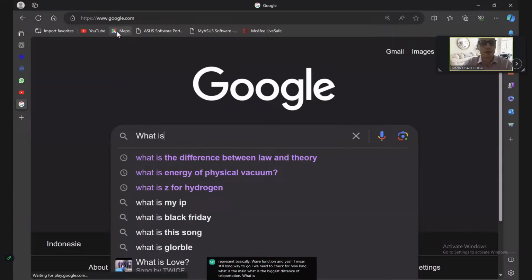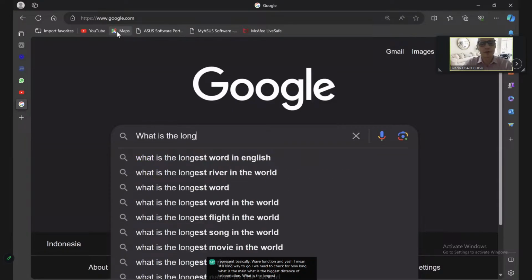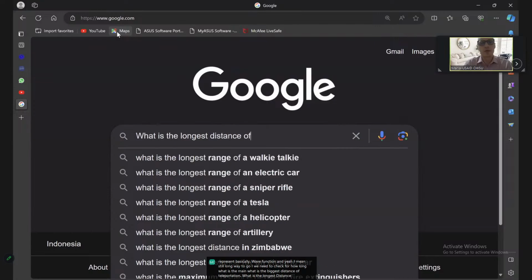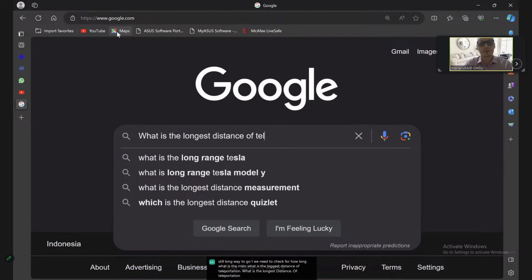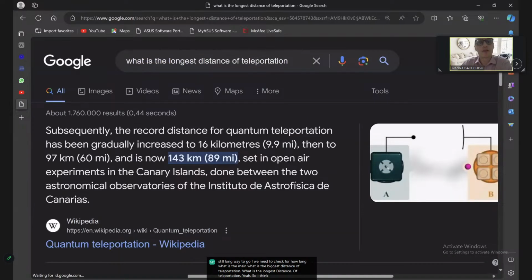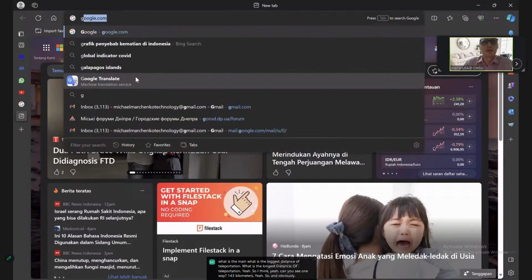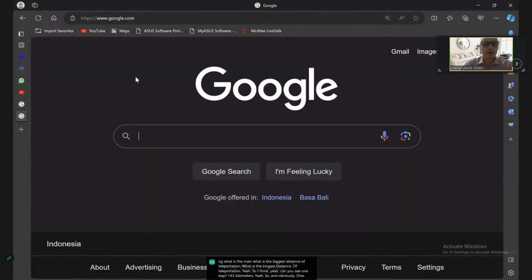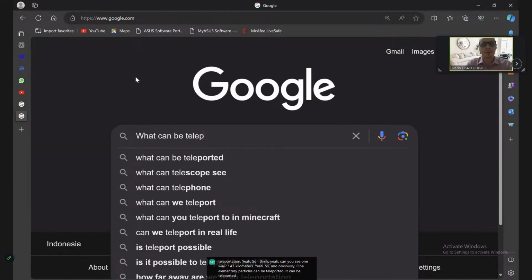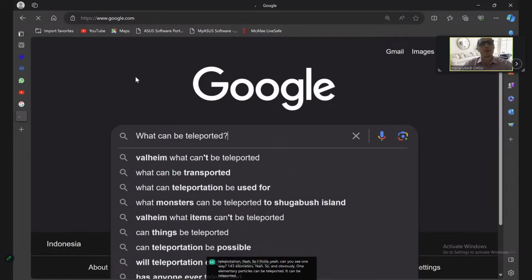What is the longest distance of teleportation? Yeah. So I think, yeah, can you see only 143 kilometers? And obviously, only elementary particles can be teleported. What can be teleported?